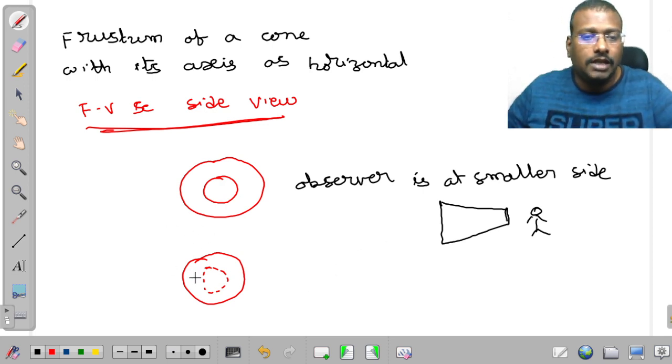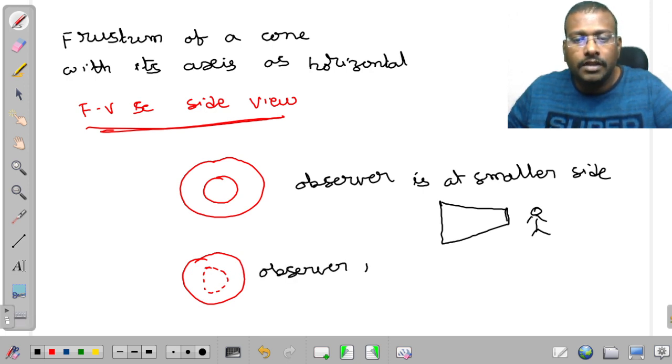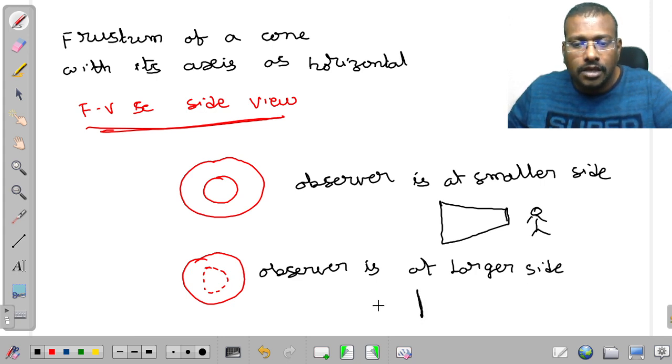Sir, if the smaller circle is dotted, then what is the meaning of it? Observer is at the larger side of a trapezium.